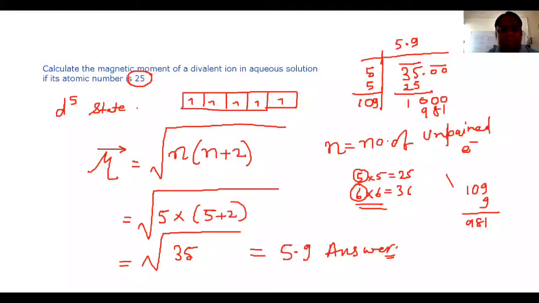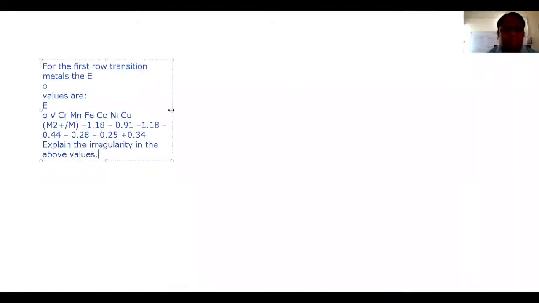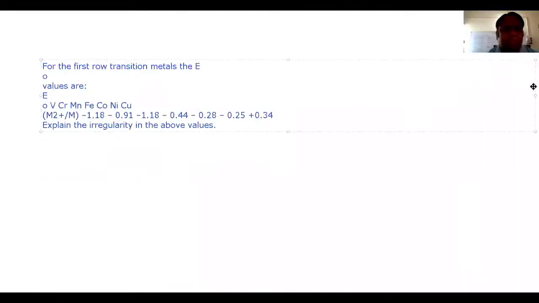Okay, let us copy this question. So we'll take the values in a respective manner because there is a displace. It has to be like this.